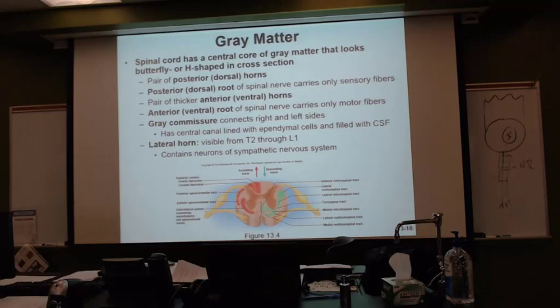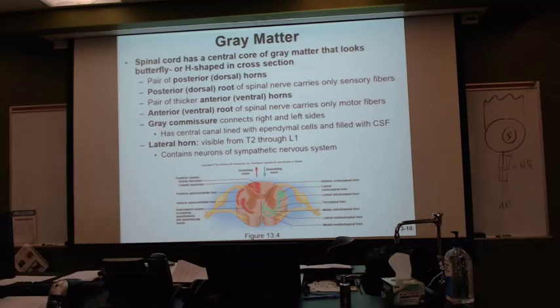But for our purposes today, in this chapter, we're focusing on what happens with skeletal muscle. So we are focusing on the posterior horn and the anterior horn. Those are the two parts of that gray matter that associate with my skeletal system. Is everybody with me on that?